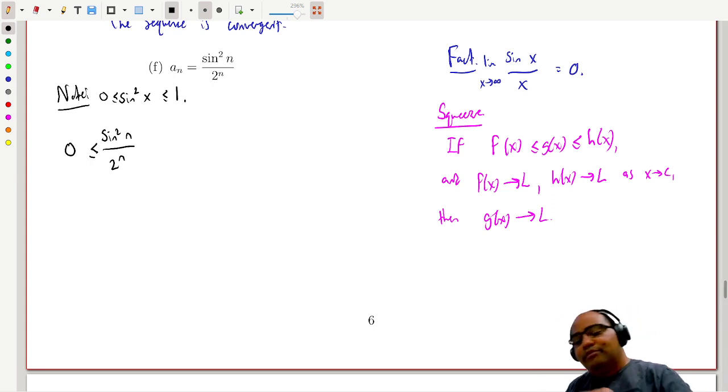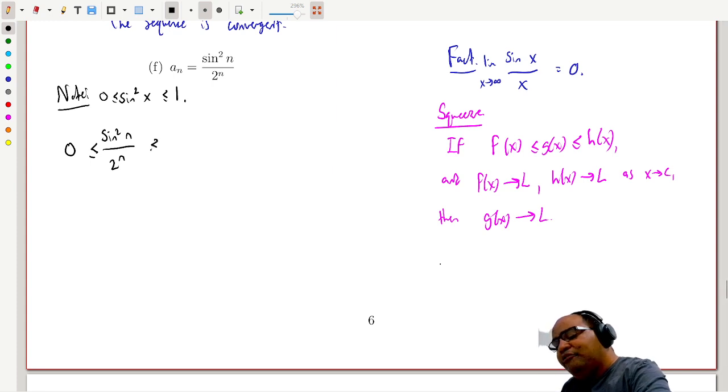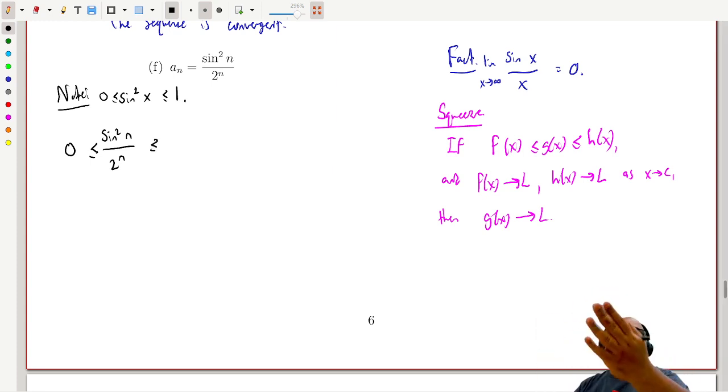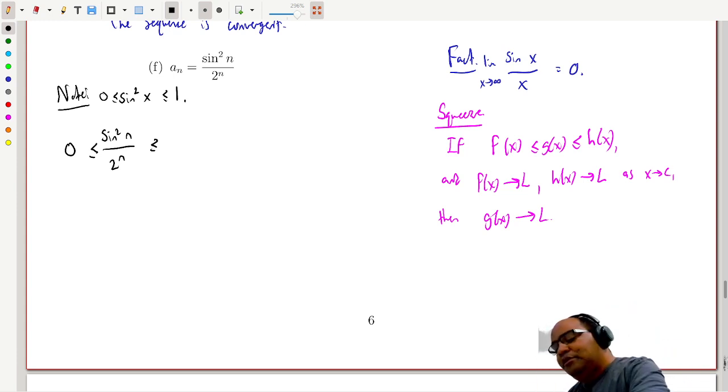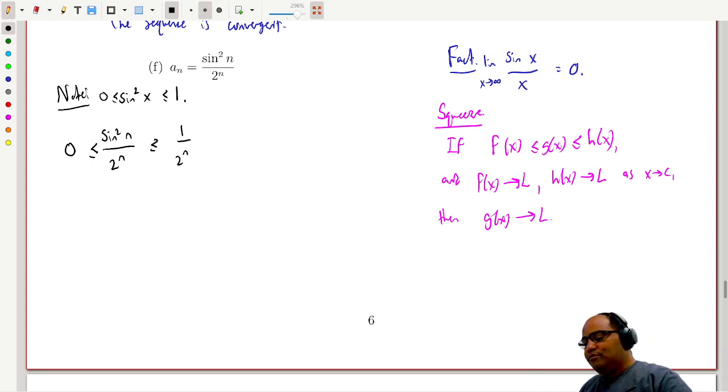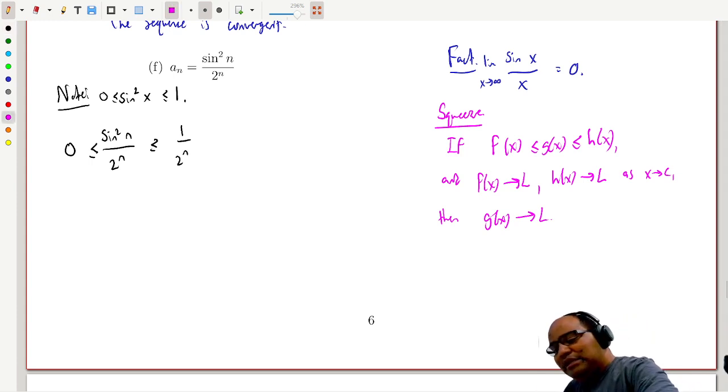On the right, however, I can replace sine squared of n by 1, since the largest that sine squared of n can be is 1. We'll replace this by 1 over 2 to the n. So this 0 here is like our f of n, this is like our h of n, and this is our g of n.